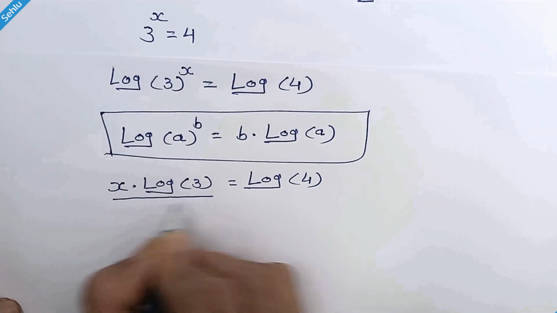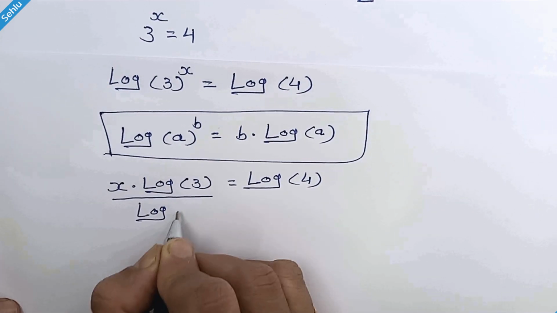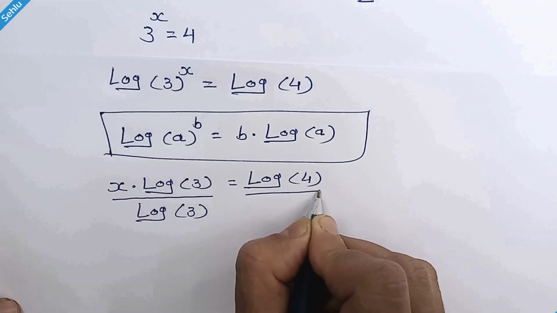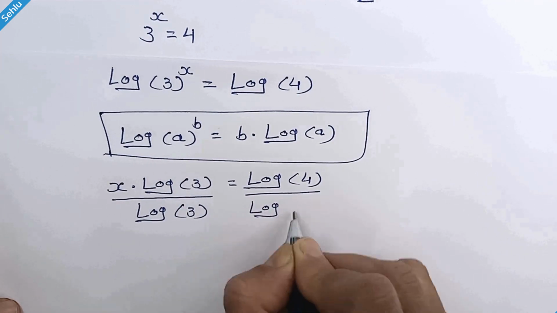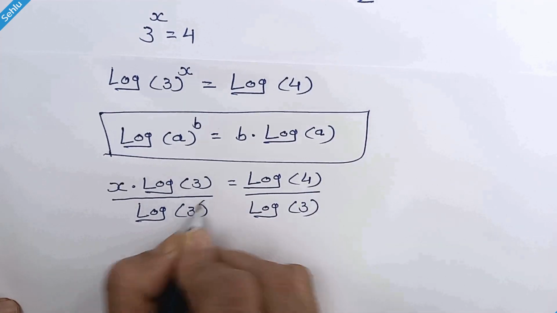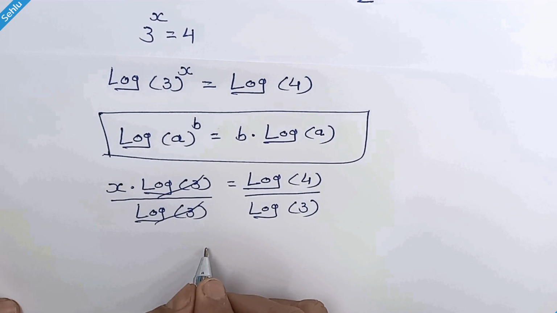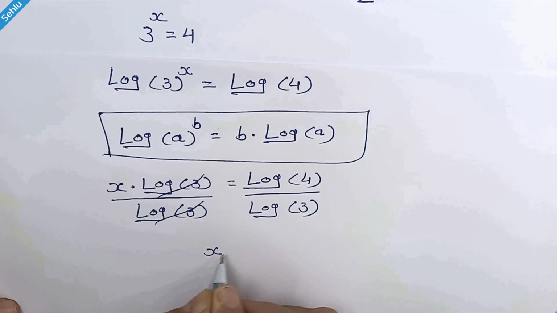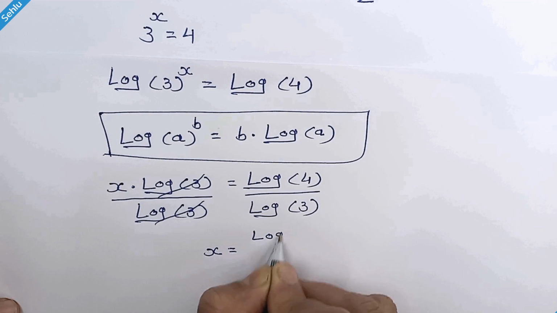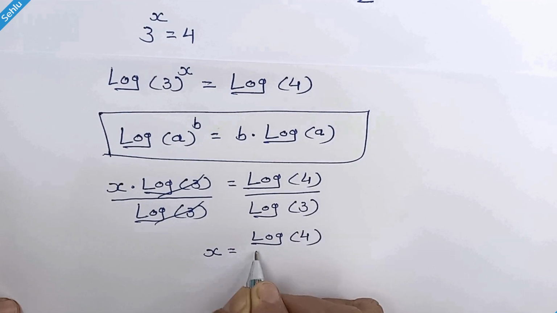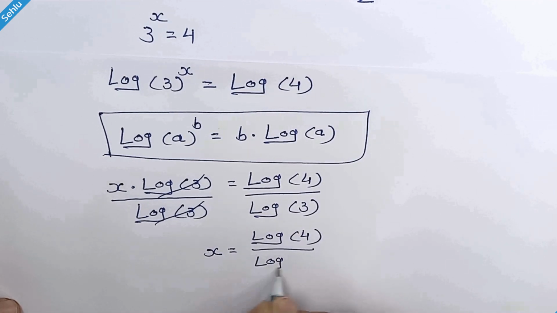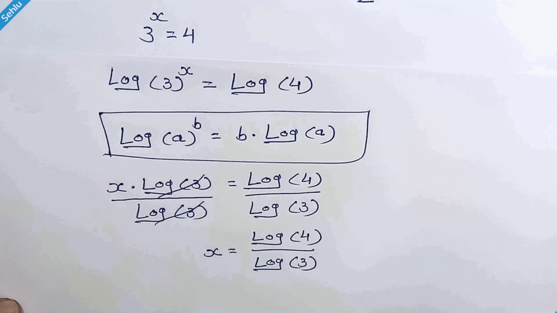Now we will divide by log 3 both sides, so these two get cancelled out. So we have x = log 4 / log 3.